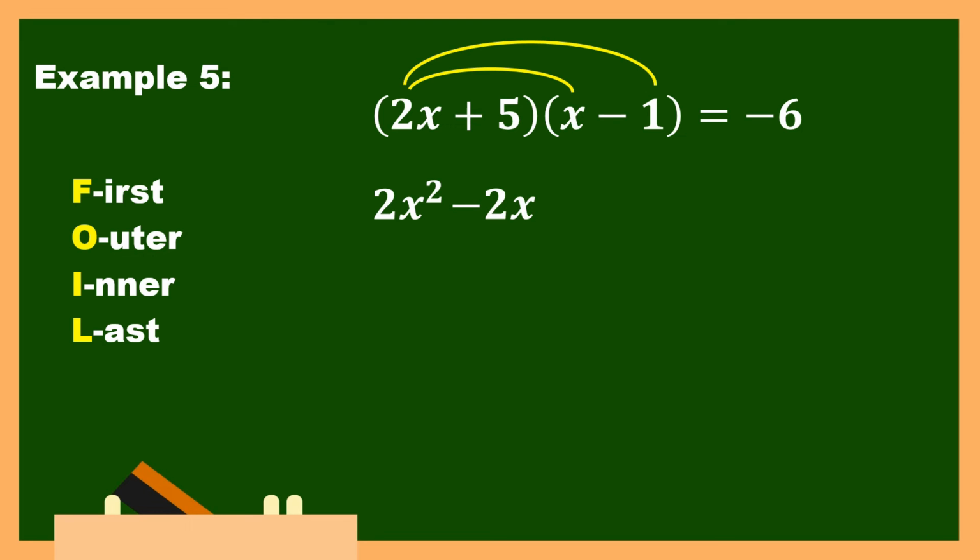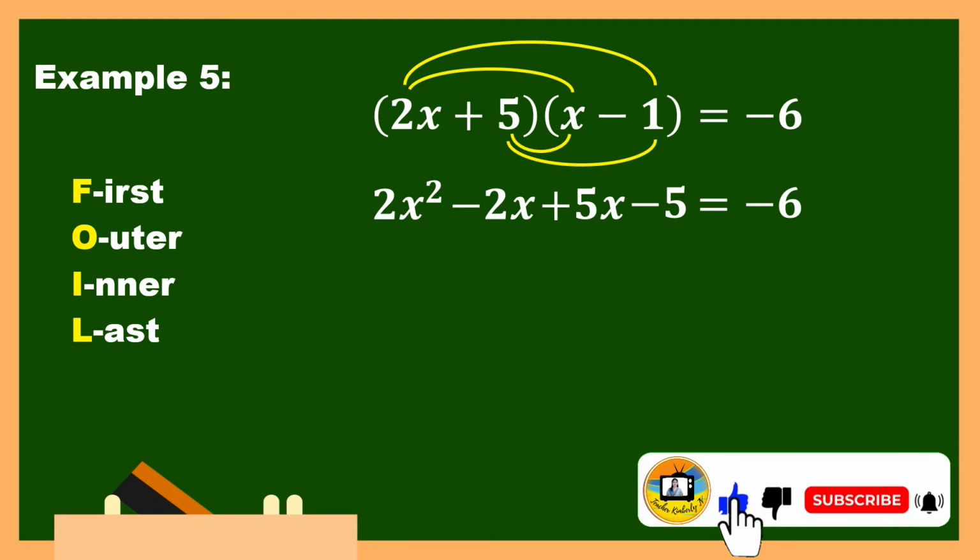And inner term. So, multiply both the inner terms. 5 times x equals positive 5x. And last term, that is, we will multiply last term to last term, or positive 5 times negative 1. So the result is negative 5, and just copy equals negative 6.